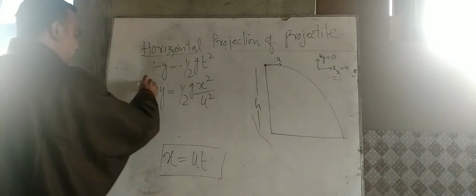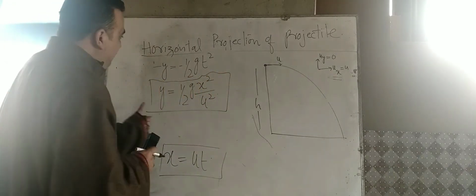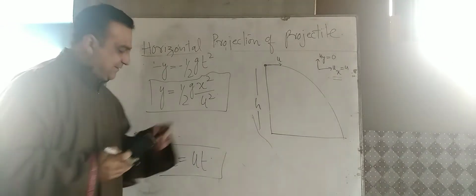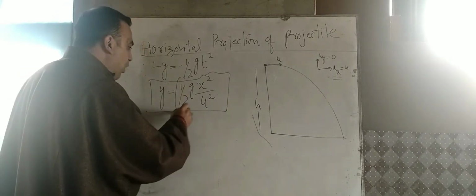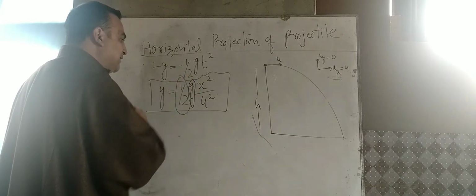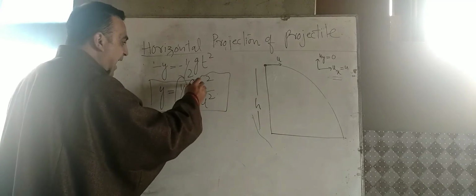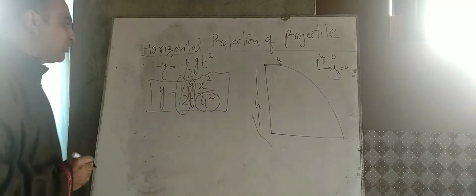Now this is an equation that is giving a correlation between y and x. You can see in this equation 1/2 is a constant, acceleration due to gravity for the particular problem is constant, and initial velocity with which this projectile is shot is also constant.